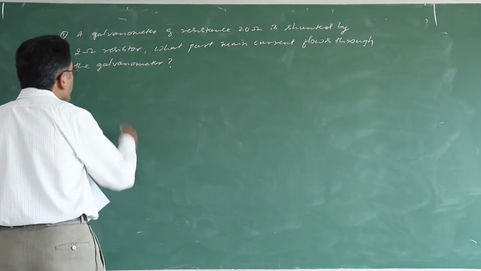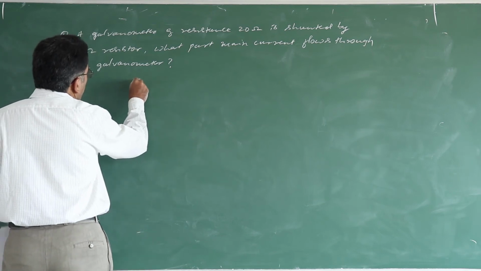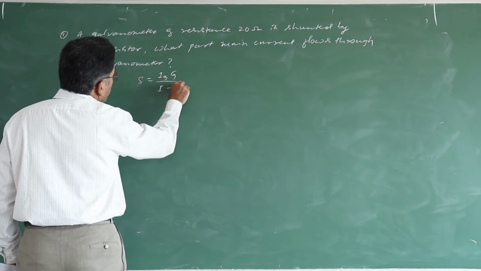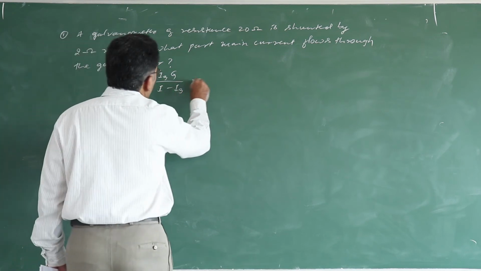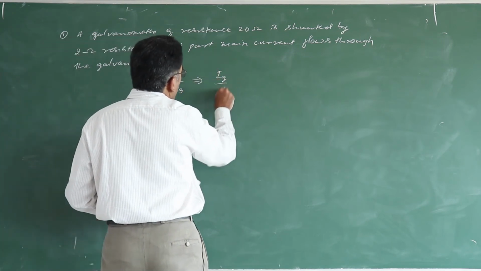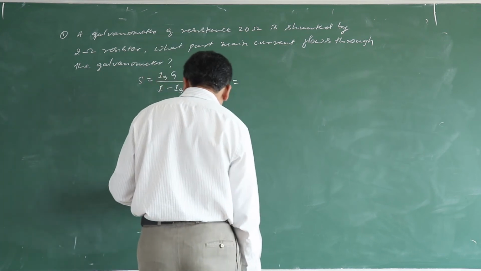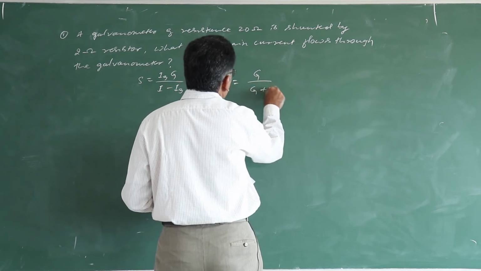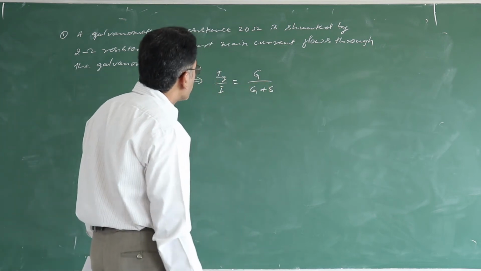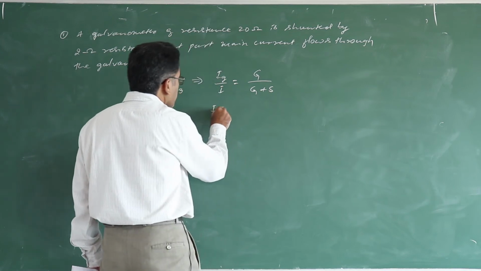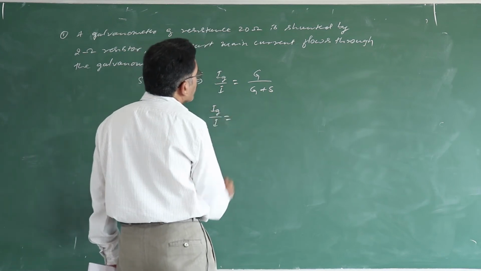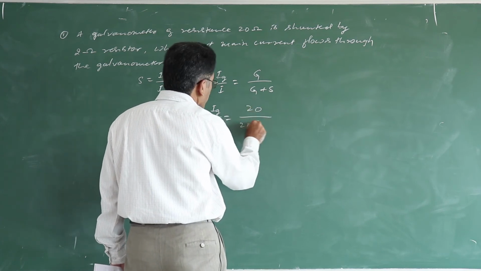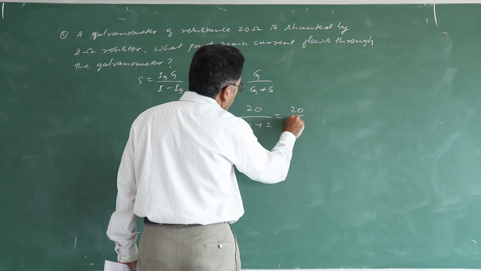Take the equation S is equal to IgG by I minus Ig. This can be written as Ig by I is equal to G by G plus S. When you rearrange this, you will get this equation. Ig by I is equal to G is 20 over 20 plus 2, so 20 by 22.